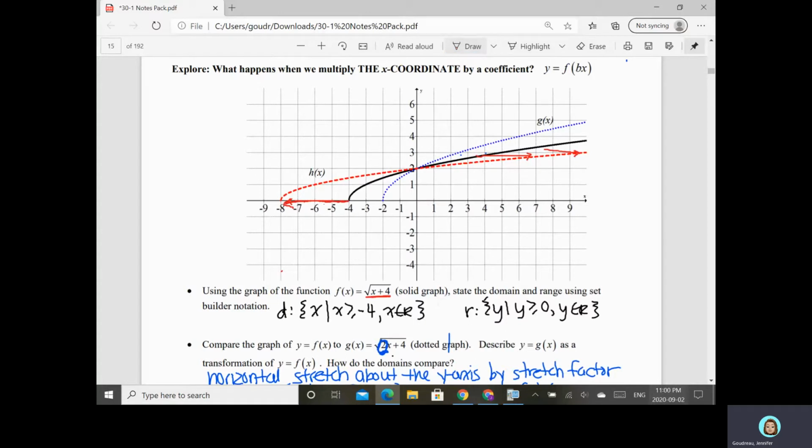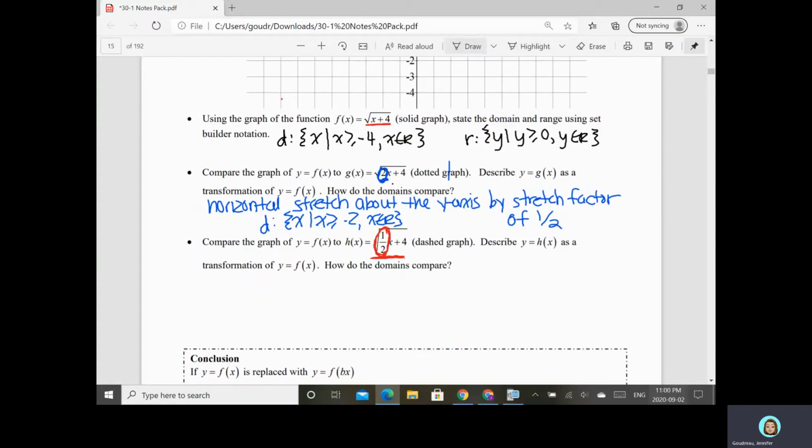So if we were to describe this transformation, we would say again that h at x is a horizontal stretch. We can see that that action is horizontal. We can see it's being stretched about the y-axis.